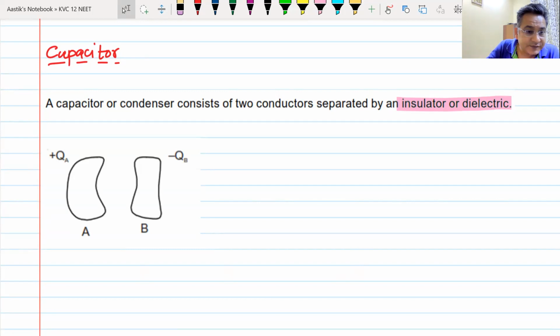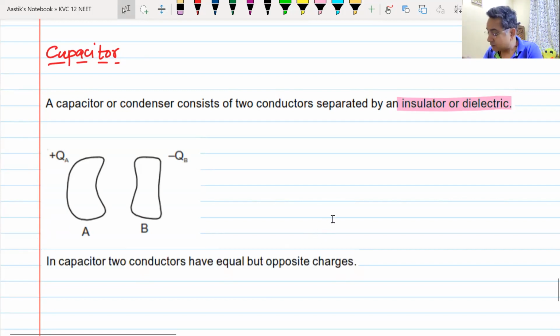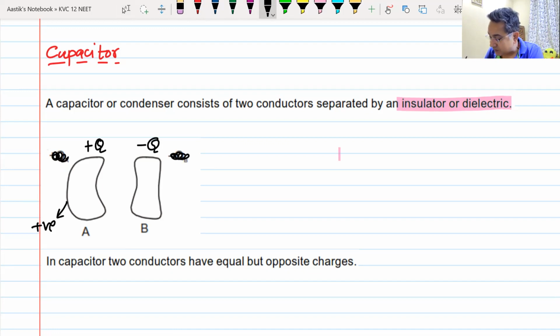One of the conductors is given a positive charge plus Q and the other conductor is given a negative charge, minus Q. The conductor which is given a positive charge is known as the positive plate, and the conductor which is given the negative charge is called the negative plate.